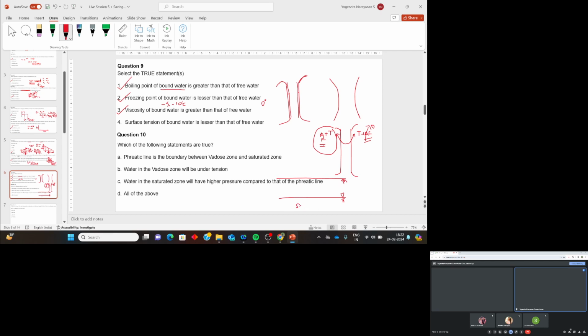So this is the saturated zone, and this is the vadose zone, which is essentially an unsaturated zone with variable saturations. Part of it may be completely saturated also based on capillary action, but this will be saturated and completely below the water table. So at this point, the pressure of water will be atmospheric.